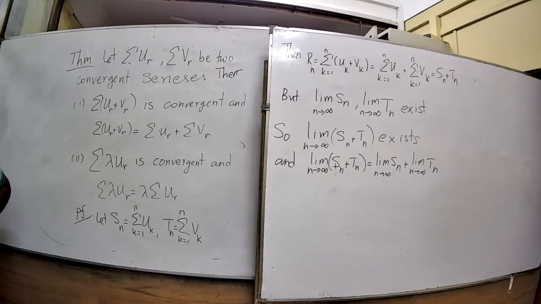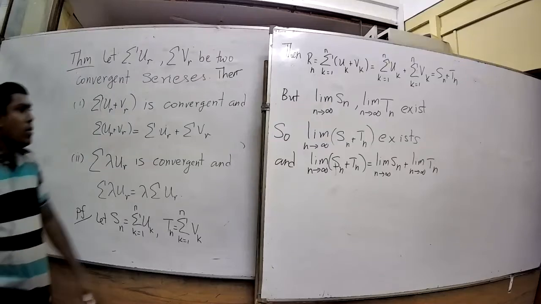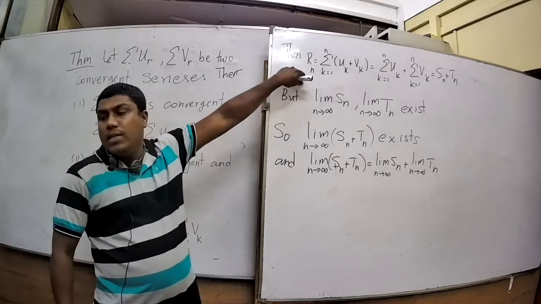So here also it's the same, the limit of S_n plus T_n is equal to the limit of S_n plus the limit of T_n.